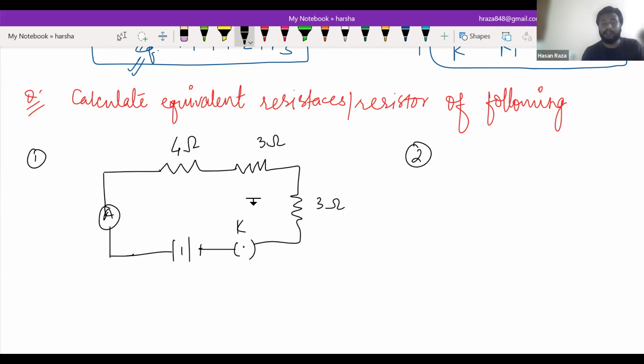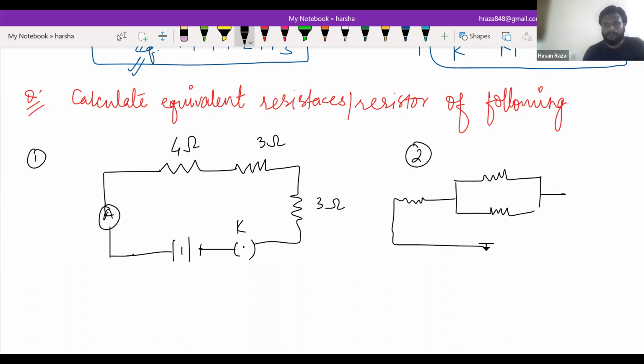First, we need to check whether it is in series or parallel. One ohm, 1 ohm, 1 ohm.